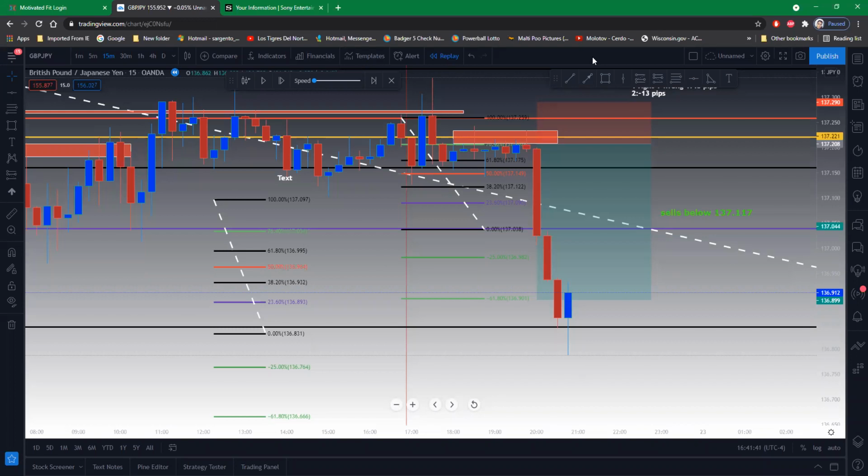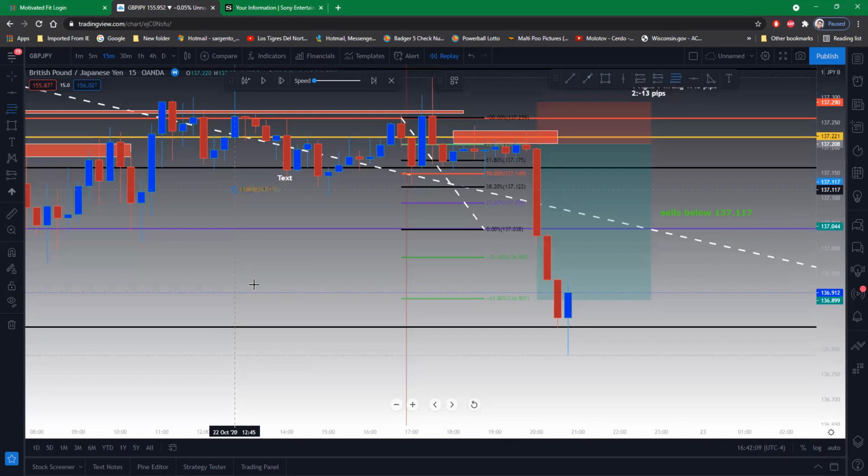So for Fibonacci levels, if you're looking for a sell, you would click on the highest candle in that current area that you're looking for.